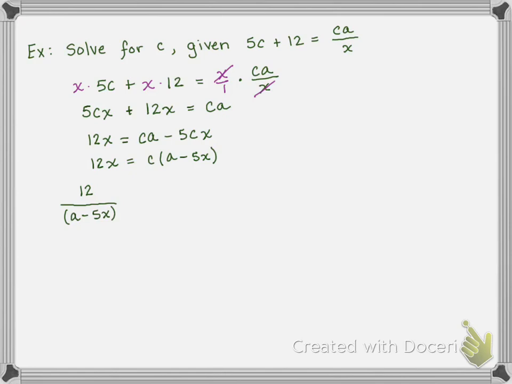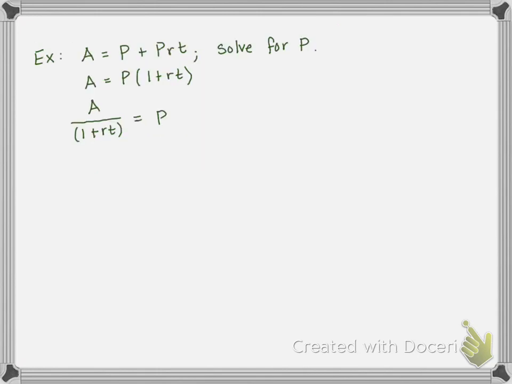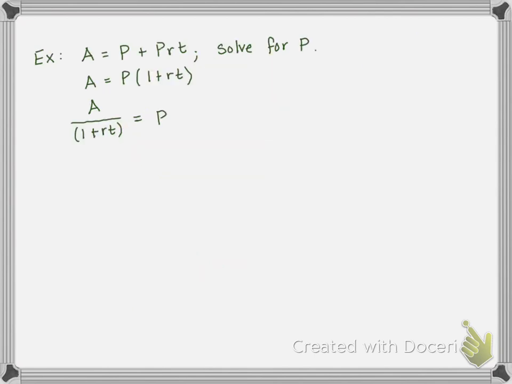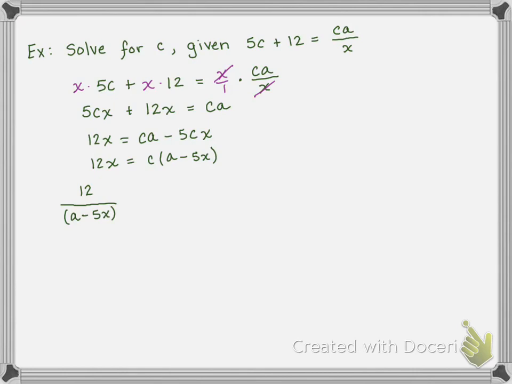Since we just talked about division, in the previous problem we talked about how we could divide each term on top by 5 if we wanted to. The same is not true when the addition or subtraction is in the denominator. This is not the same as 12 divided by A minus 12 divided by 5x.